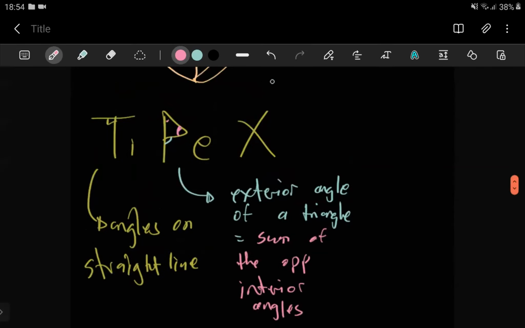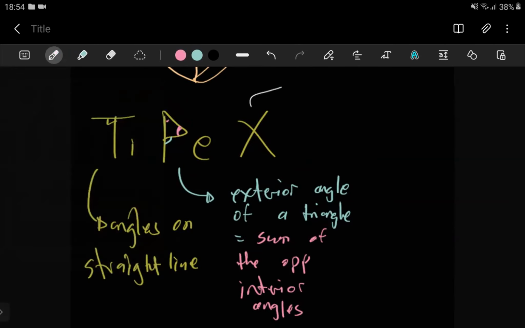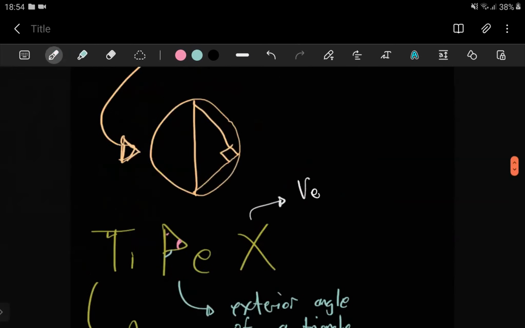And then the X there is just to remind you of vertical opposites, you see. So all these tools here, let's put your vertical opposites.